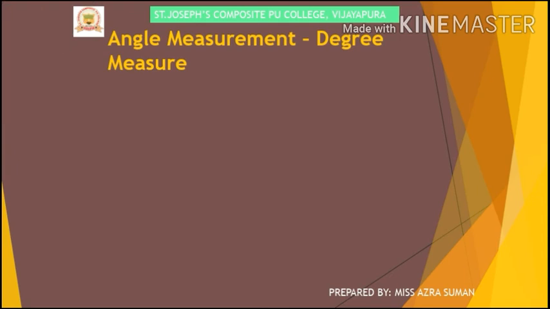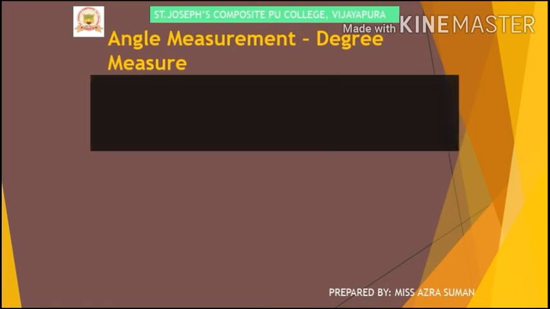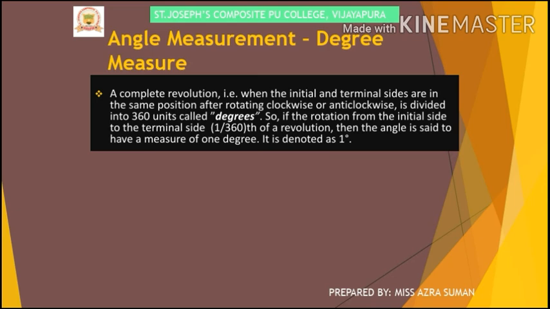First of all, we will see the angle measurement in degree measure. A complete revolution, that is, when the initial and terminal sides are in the same position after rotating clockwise or anti-clockwise, is divided into 360 units. Each unit is called a degree.